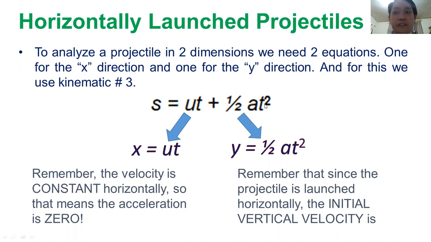So I hope you can follow. Again, the equation for your x component is x is equal to ut, and the equation for your y component is y is equal to 1/2 AT squared.